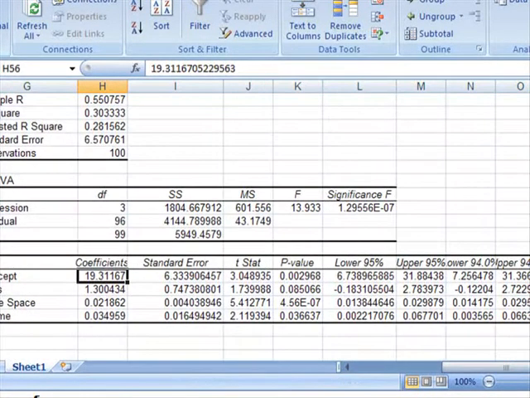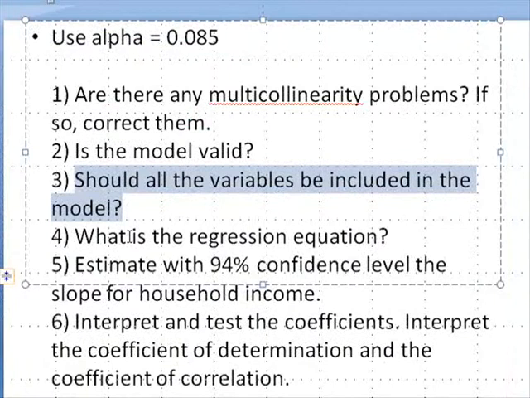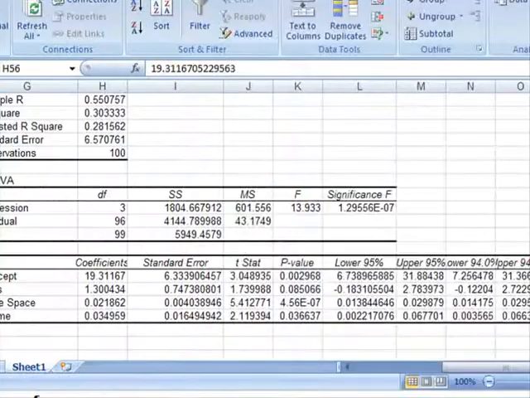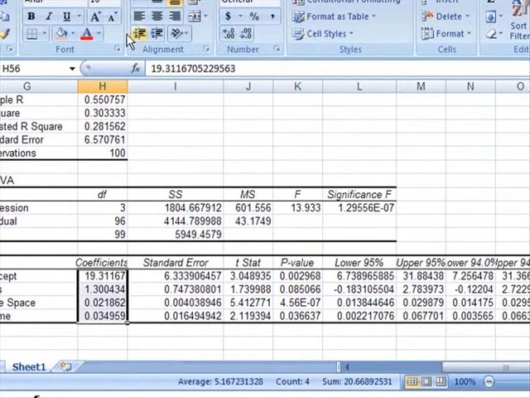The next question in my problem asks you to give the regression equation. So we work with my regression equation based on the coefficients in my output. Let's use 4 decimals in case you're going to use the calculator.